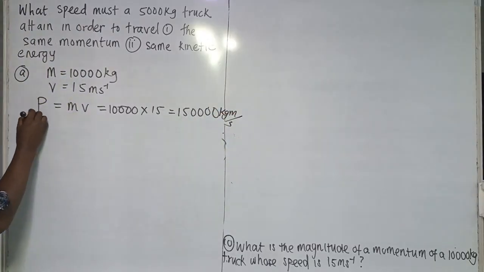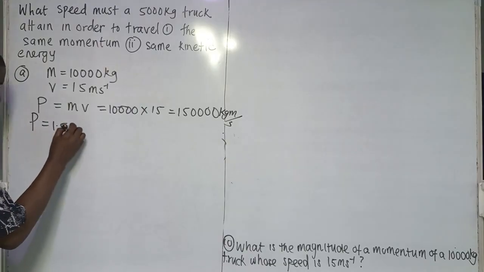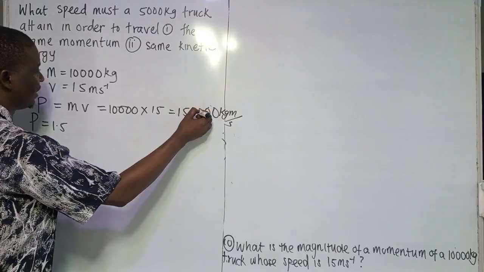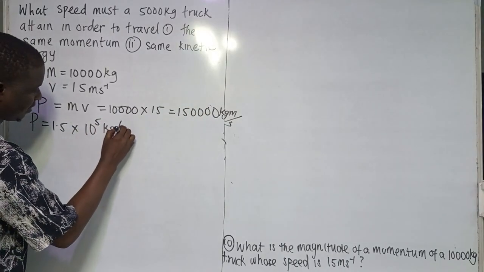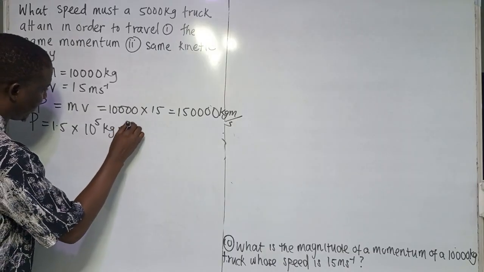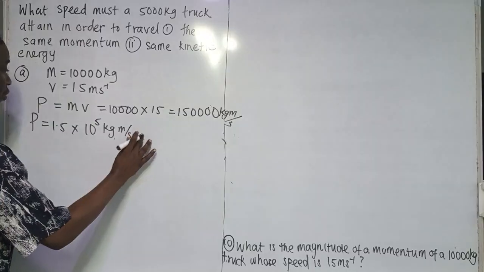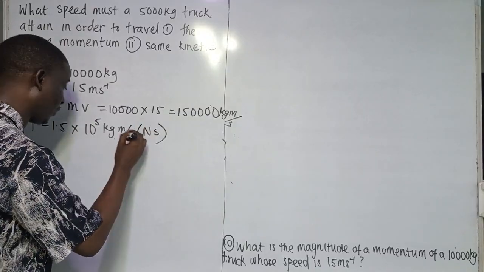So our answer is P equals 1.5 times 10 raised to the power 5 kilogram meter per second, or Newton seconds.